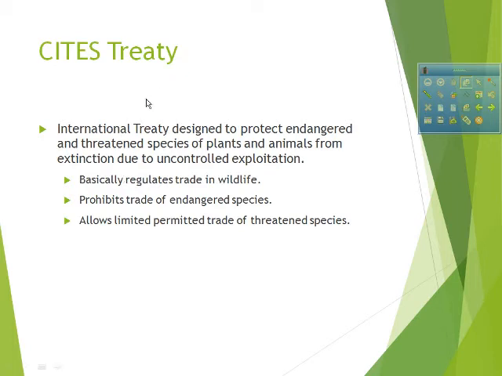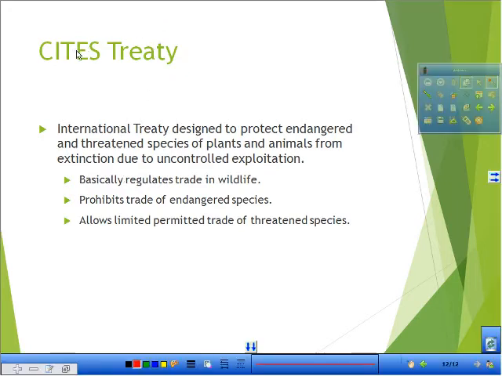The CITES treaty, I'm sorry, this should have an extra I. The CITES treaty is an international treaty to protect endangered and threatened plants and animals. It regulates wildlife trade. It prohibits trade in endangered species. So if you want to get some exotic pet, you have to make sure that it's okay to have.